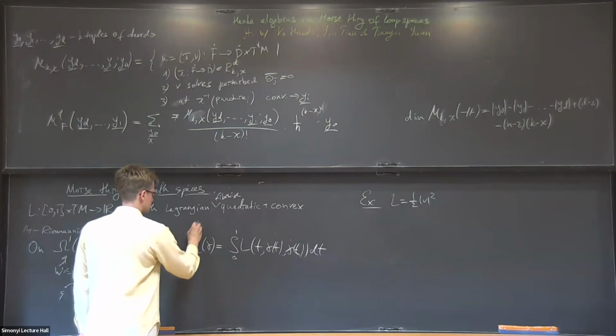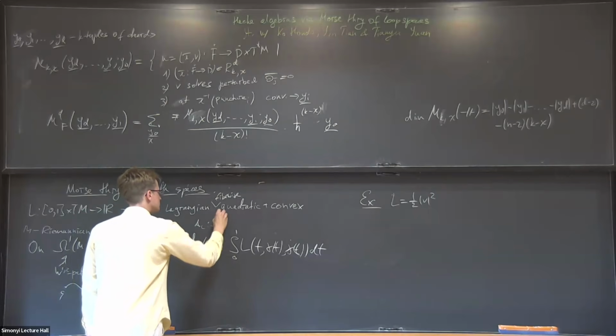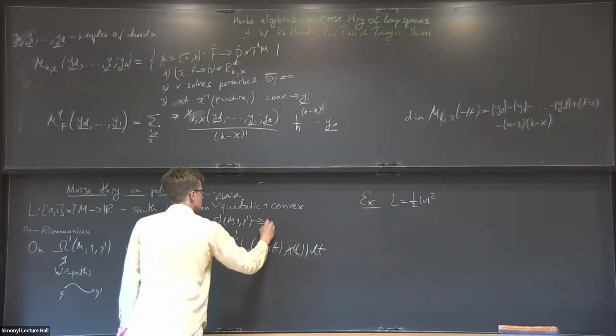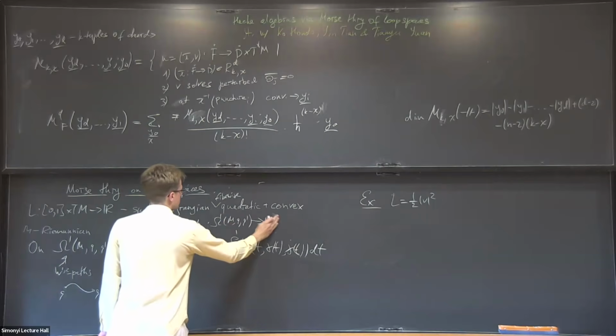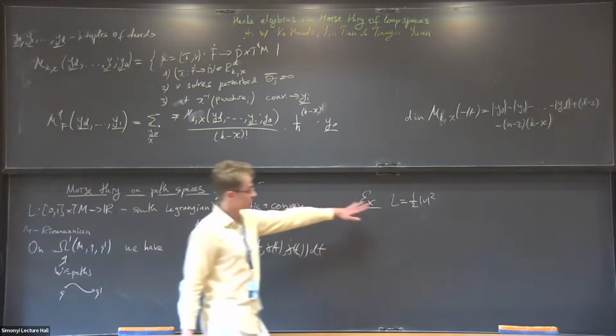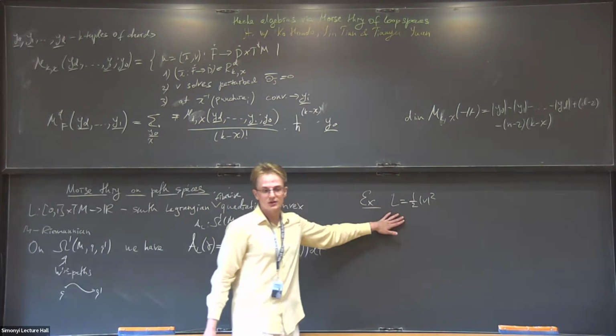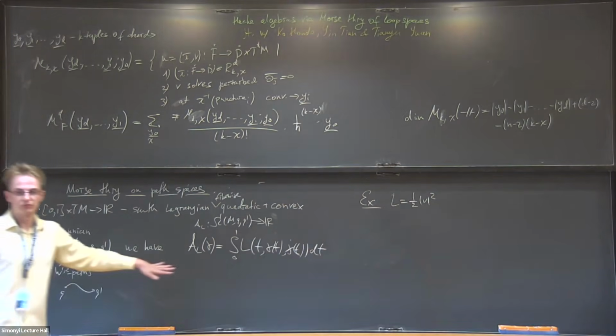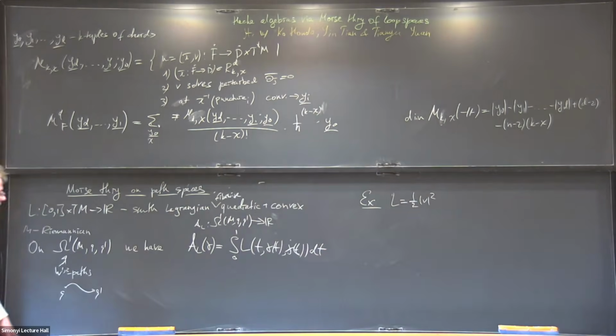This is just a function from this space to the real numbers, and the critical points of this functional are the solutions of the Euler-Lagrange equation. For this particular L, you recover geodesics for this Riemannian metric.